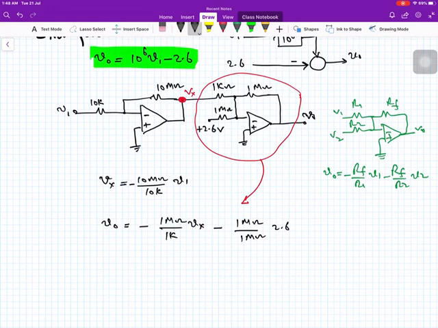And now there is Vx over here and Vx over here. Substitute this Vx over here.